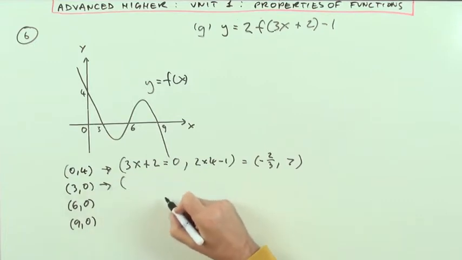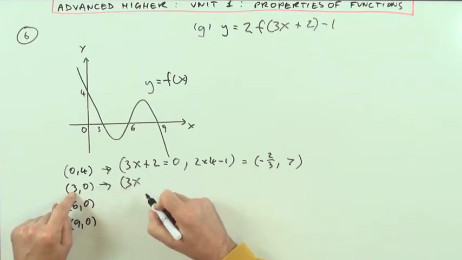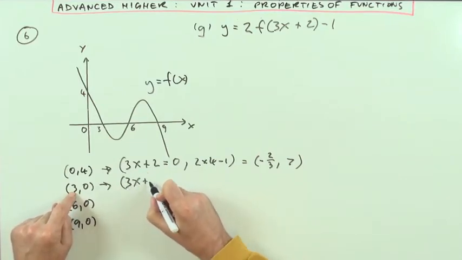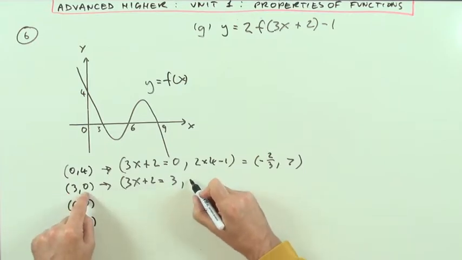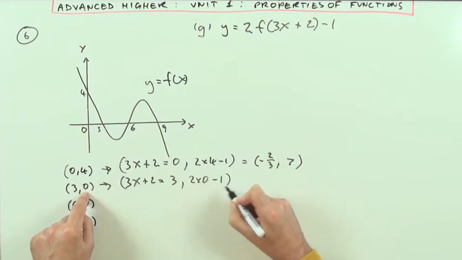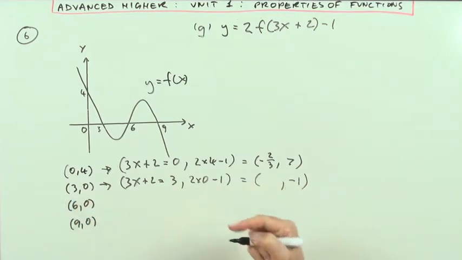Next one. Who wants 3's answer? Well, whoever it is, 3 times it plus 2 will give you 3. The answer will then be 2 times 0 minus 1. That bit's easy. The new answer will be negative 1. But where is it going?